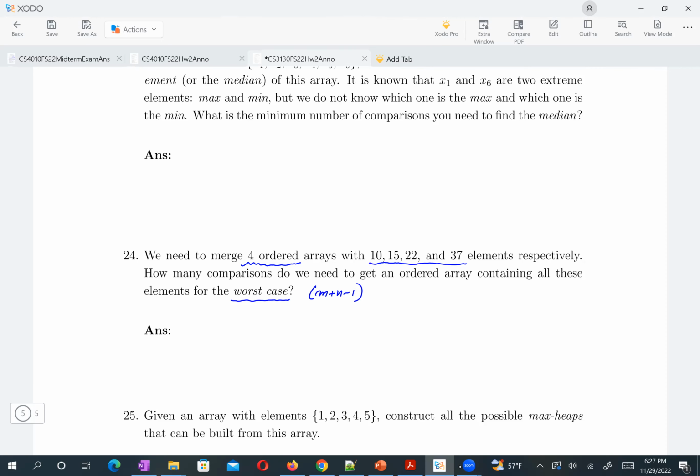So here, you can consider an algorithm we learned before, called a greedy algorithm.